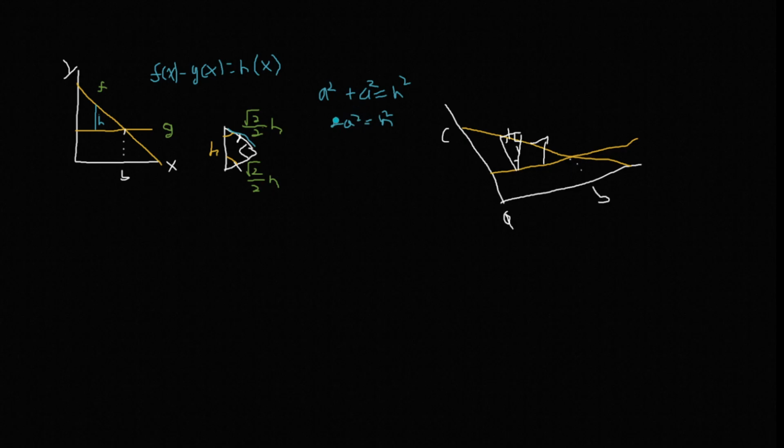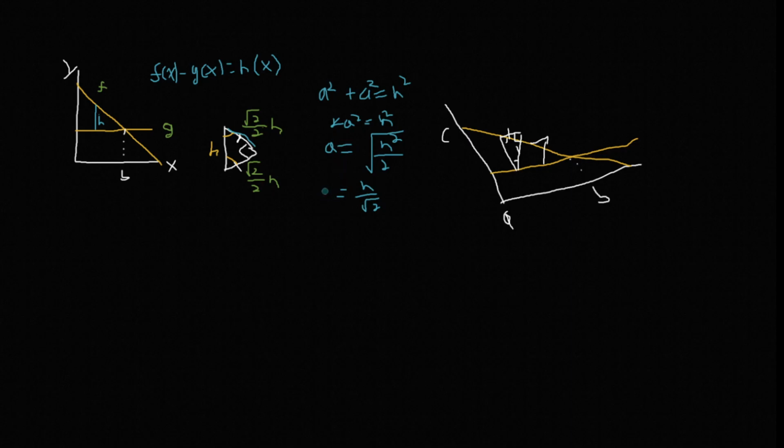So we do our inverse PEMDAS. We divide by 2. So that's h squared over 2. And then we take the square root of both sides, and that is equal to A. And so what we can do is break apart the square root, saying this is just h over square root 2.